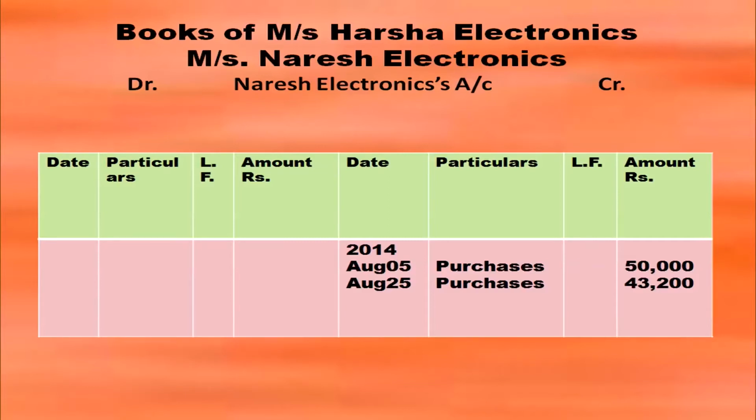Naresh Electronics, their account will be opened, and in that account on the credit side you will post by purchases on which date. That date will be written in the date column. So, on August 5th, one purchase amounting 50,000. On August 25th also, Harsha Electronics purchased goods from them for rupees 43,200.